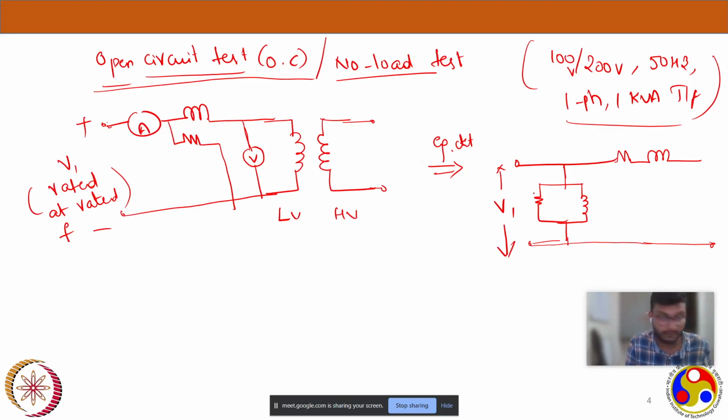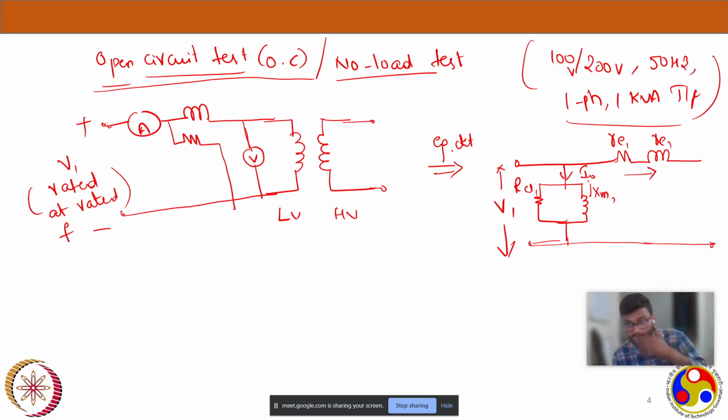I'm writing it here, V1, RCL1, and this is XM1. Now some current will flow here, that is I0. Now this is open circuited, this is RE1, XE1.